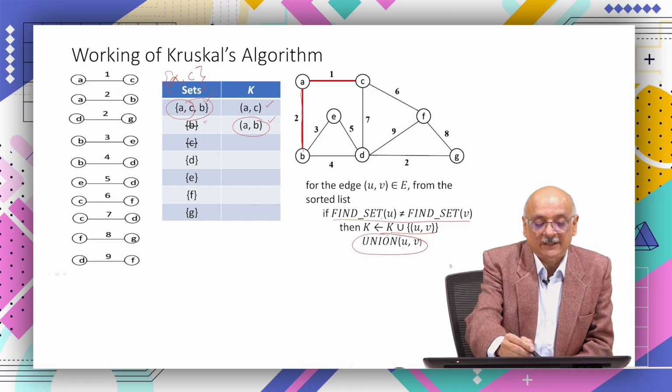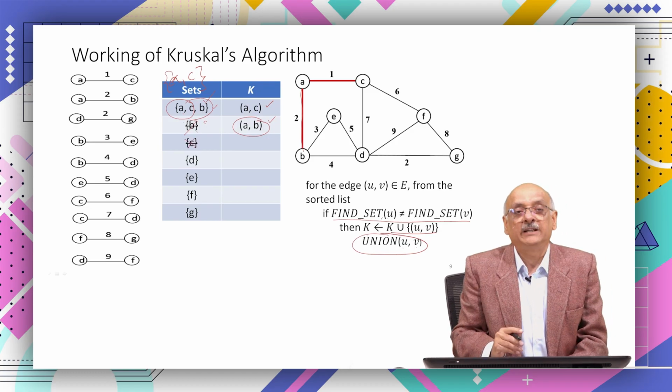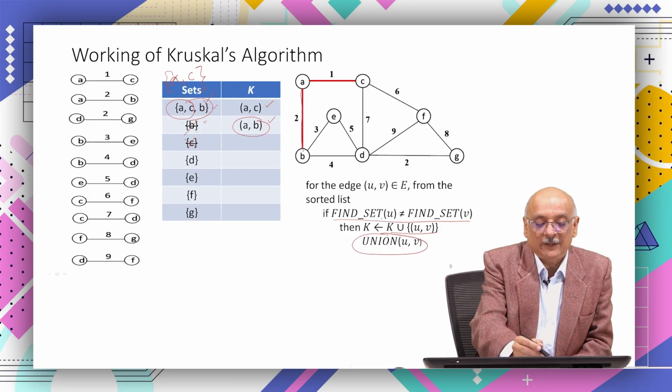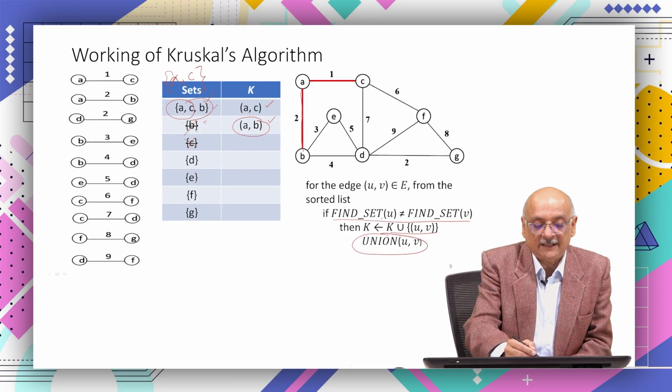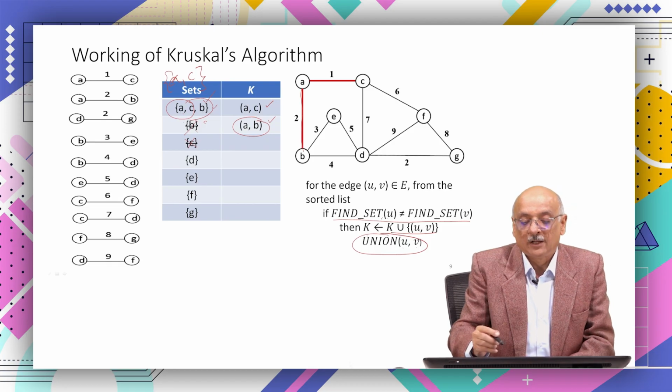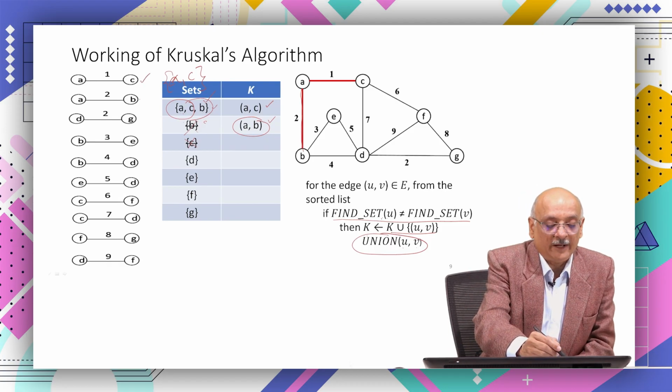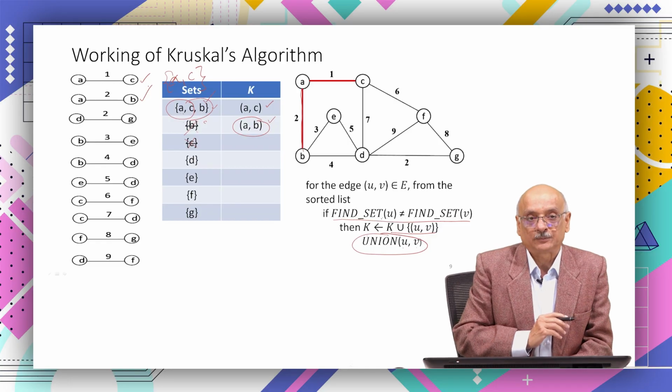So this becomes the new set, and now B is no longer a separate set. So both of these, B and C, have been eliminated. Now we are left with one set ACB, another set D, another set E, F and G. We have already selected these two.